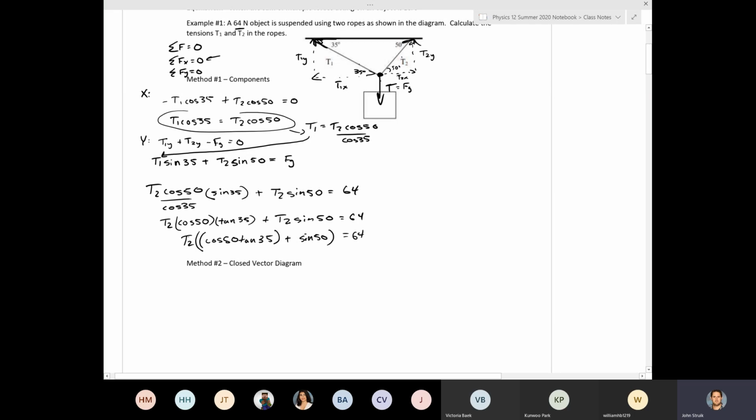So then, this is a long one: 64 divided by the bracket cos 50 tan 35 plus sine 50 equals 53. So T2 equals 53 newtons.